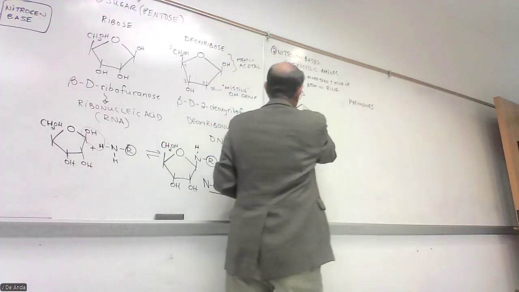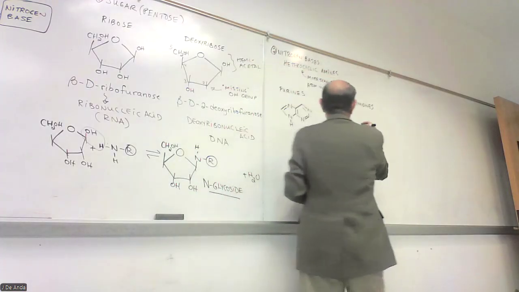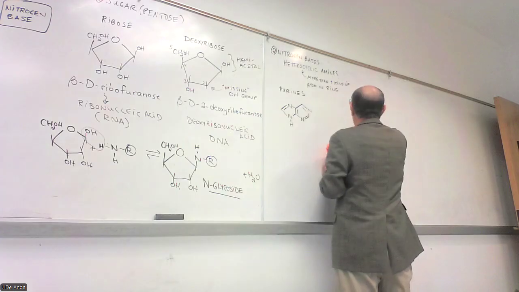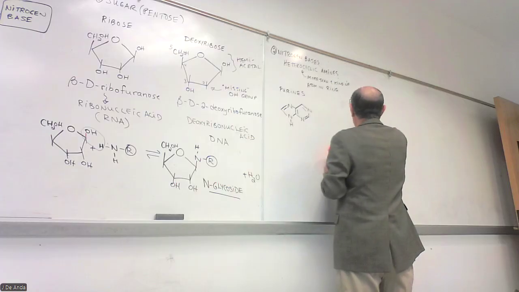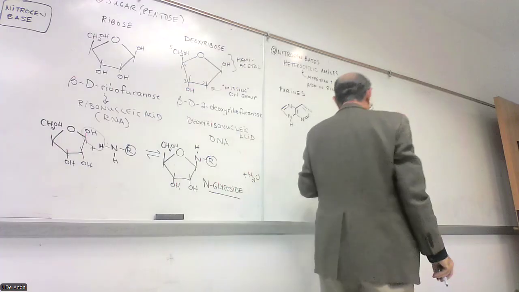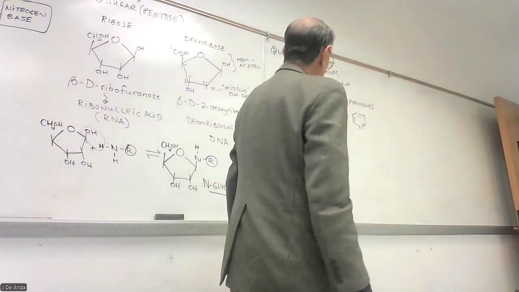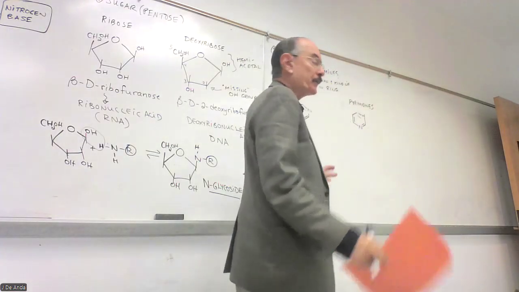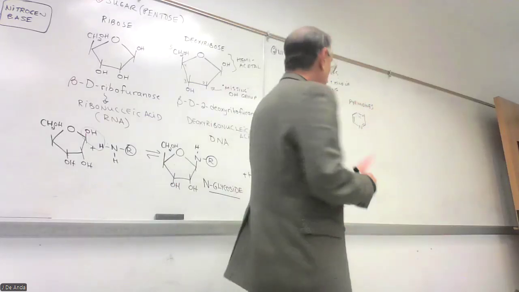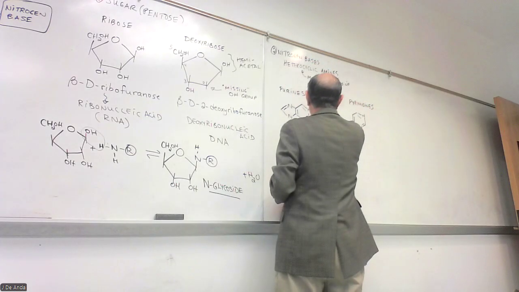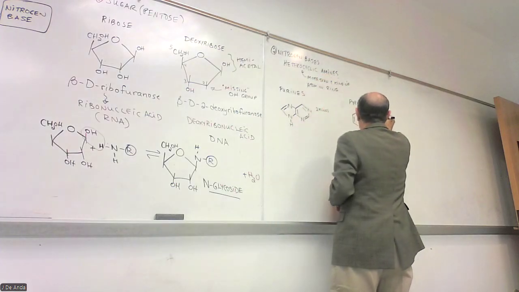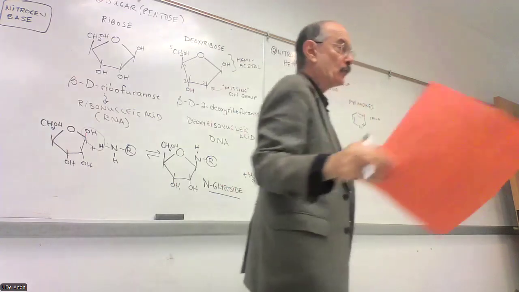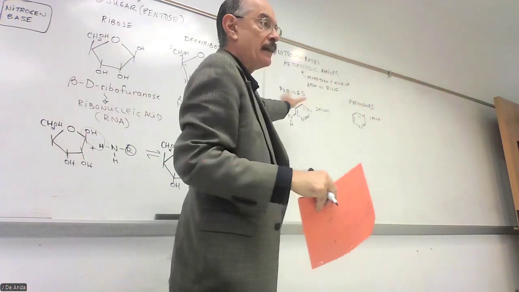So notice that it has 2 rings. The pyrimidines, on the other hand, have only 1 ring. And again, you have the alternating double bonds in there. So the difference between these 2, you can tell, right? 2 rings, 1 ring. And all I need you to be able to do is recognize what kind I'm showing.